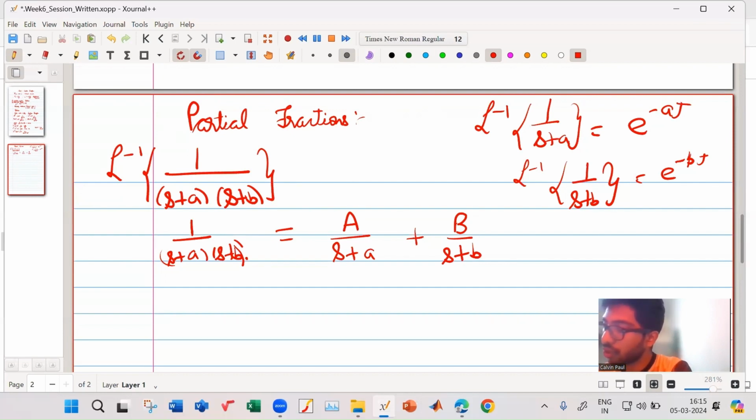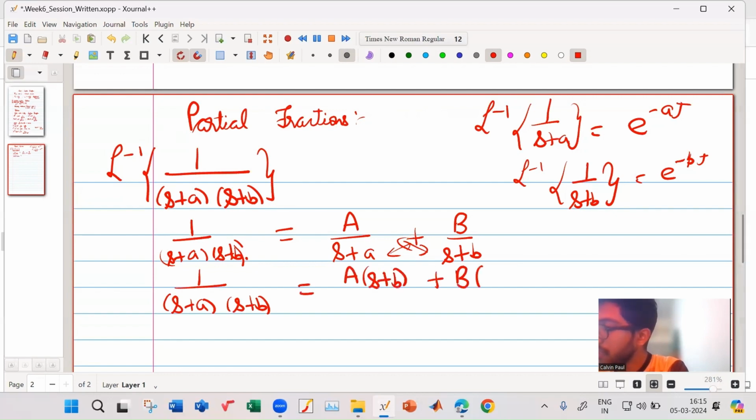So what we do is we cross multiply. So we get 1 upon s plus a into s plus b is equal to capital A into s plus small b, plus capital B into s plus small a, upon s plus a into s plus b.